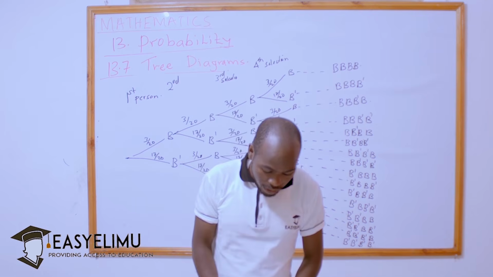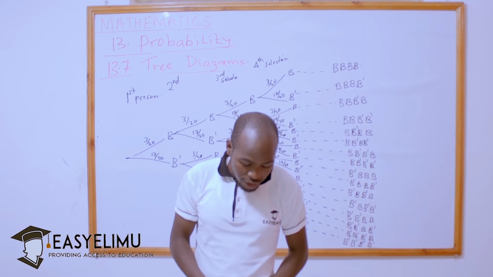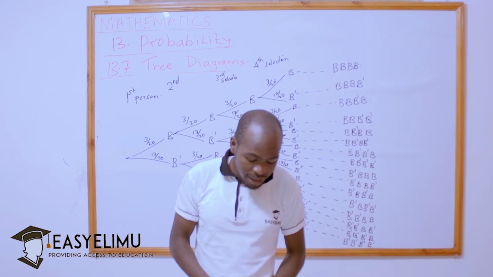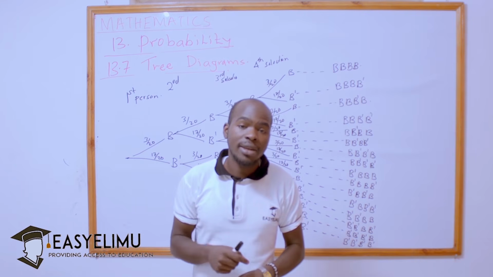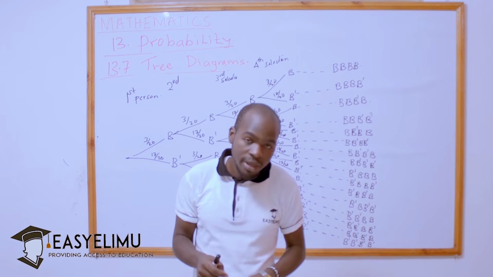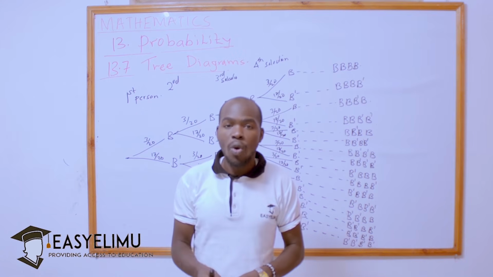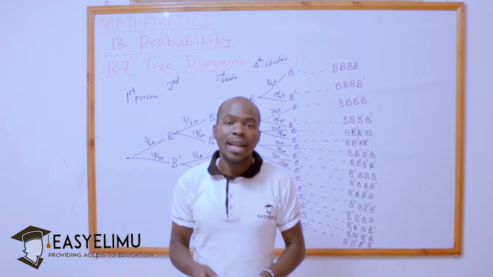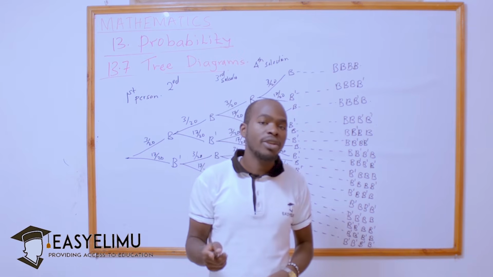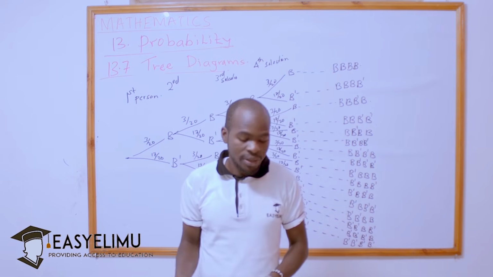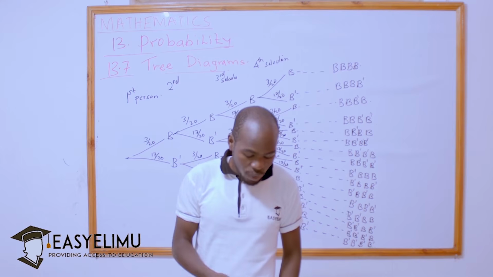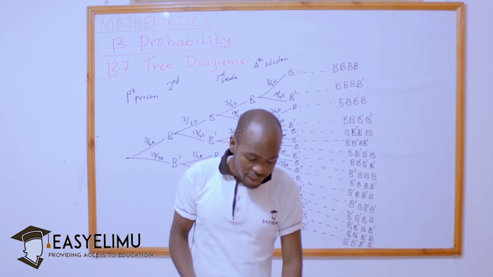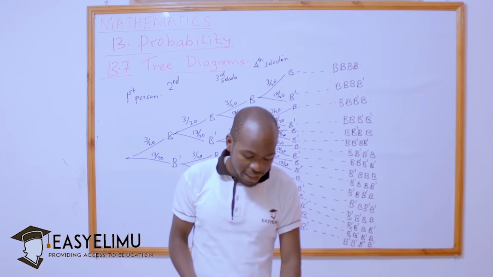Now find the probability that less than 3 are bald-headed. Less than 3 is either 2 or 1 bald-headed, not 3. Then 3 are not bald-headed.